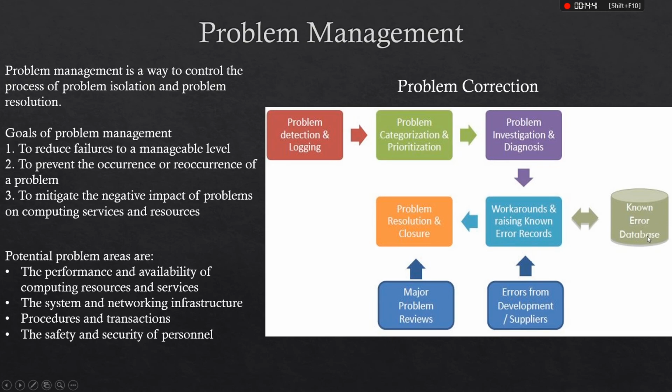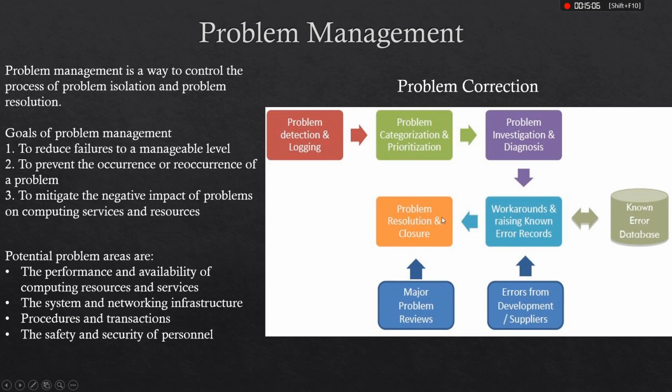And if it's not in the KED, we can check with development or suppliers to see if the problem occurs on their end, such as faulty hardware or software or crashing software. And then we can issue a workaround from there, which leads to problem resolution and closure again.